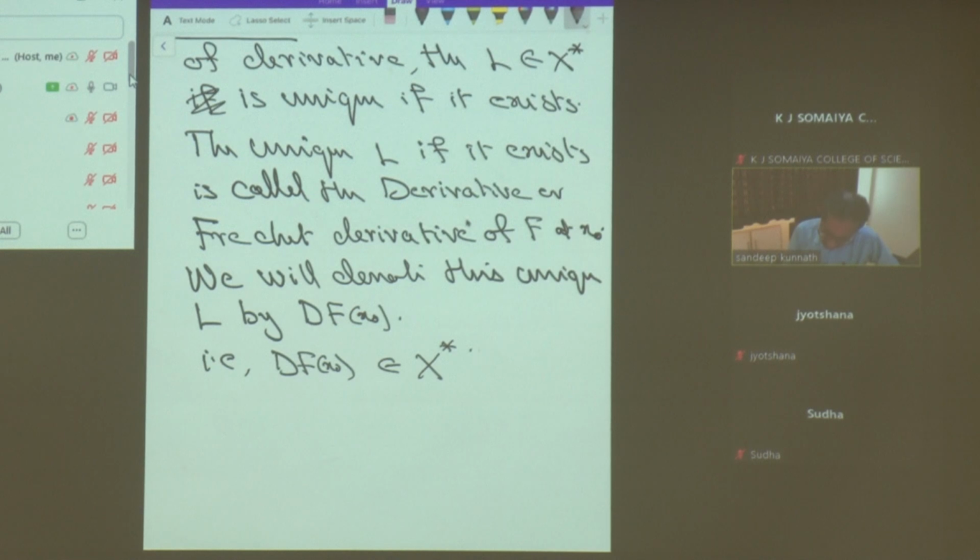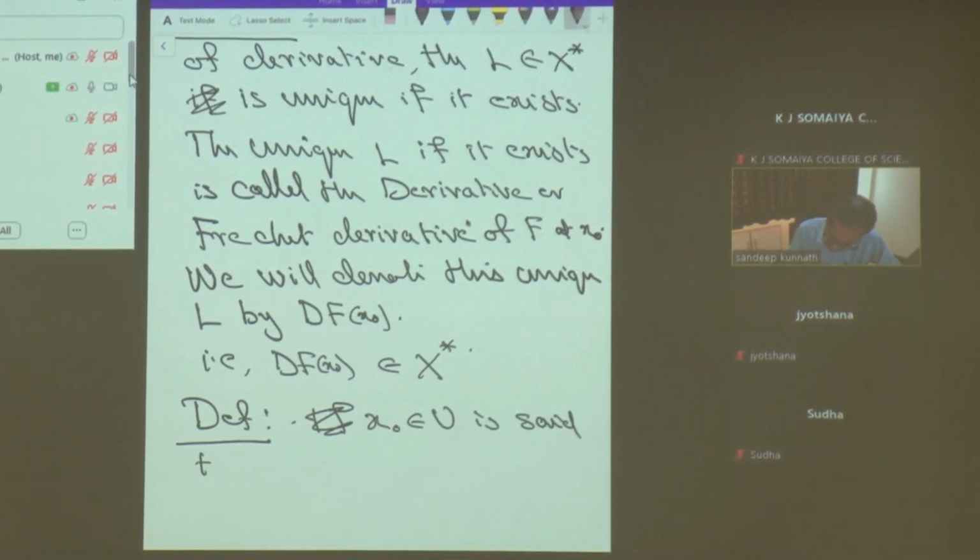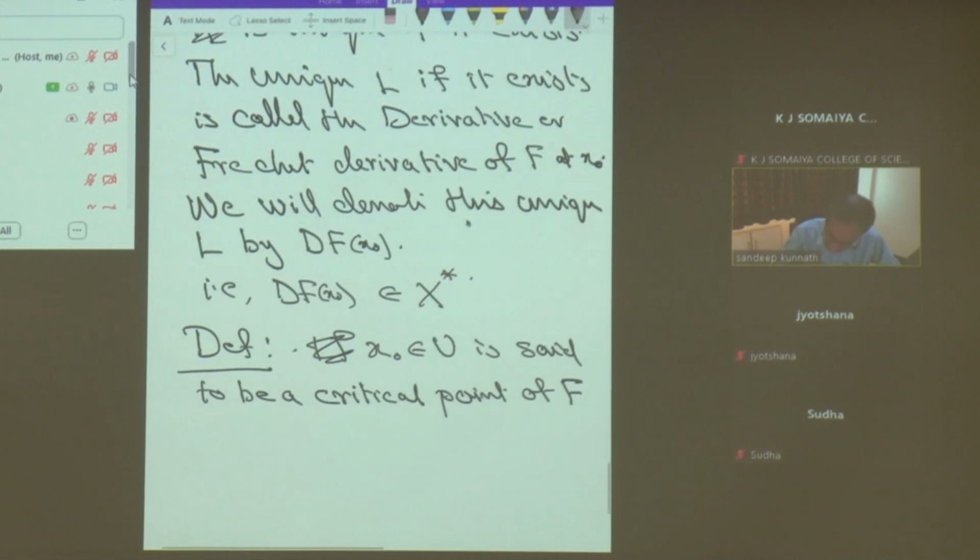Now I will give you a definition. x naught, an element of U, is said to be a critical point of f if df of x naught is equal to 0.